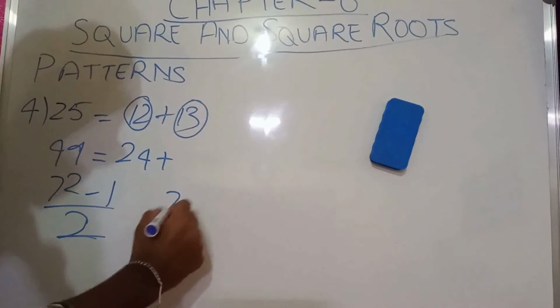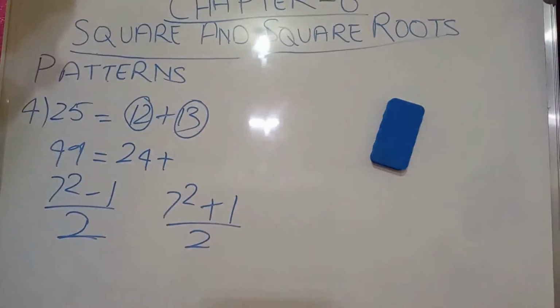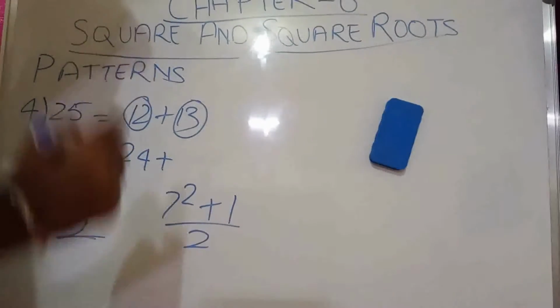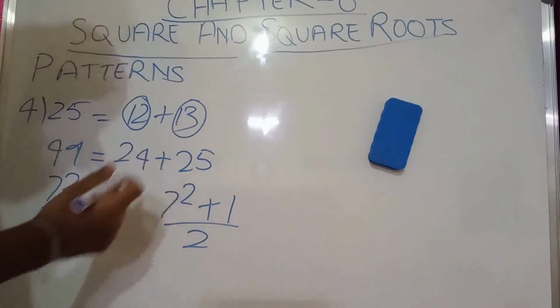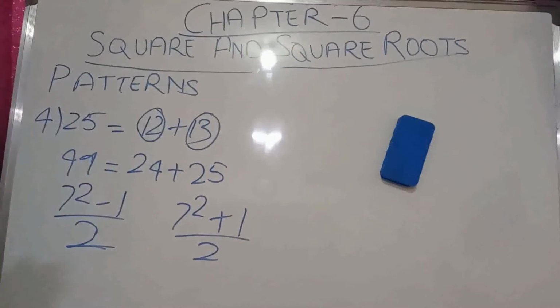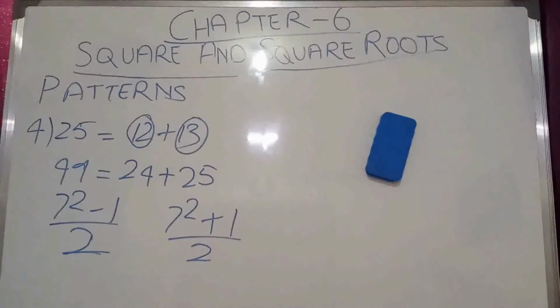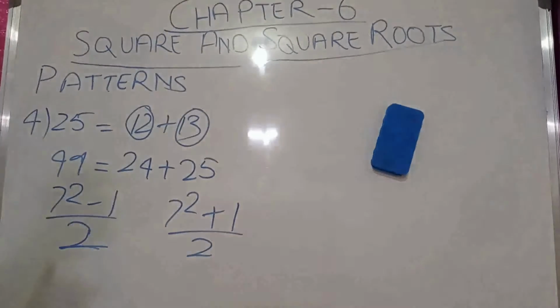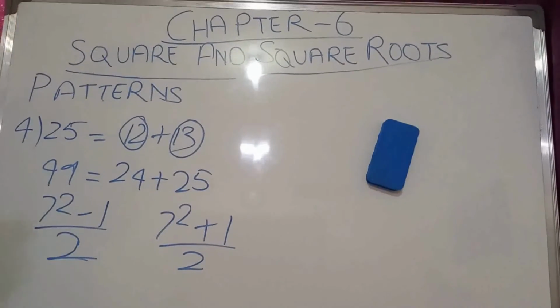Then (7 square plus 1) by 2. 7 square is 49 plus 1 is 50, by 2, that's 25. Or we can just add, since we know the 24th consecutive number is 25, so it is 24 plus 25. So here we know that when there is a square number, we can find the two consecutive natural numbers that are being added.